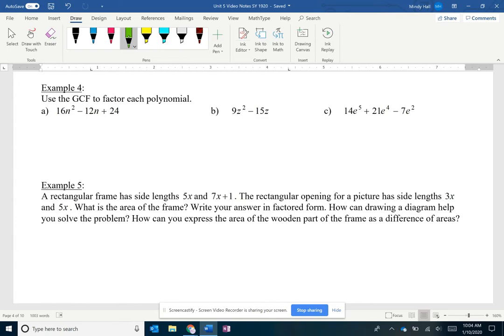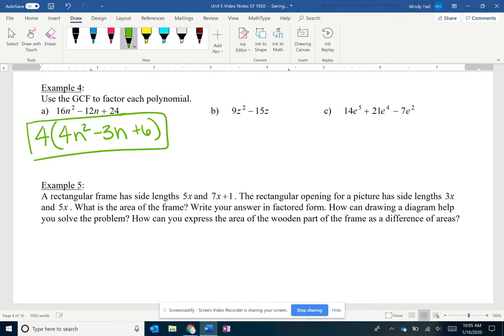So it looks like our greatest common factor is going to be 4. We can't take out a variable because we don't have one with 24. So then we are just dividing. 16 divided by 4 is 4, n squared. And then negative 12 divided by 4 would be negative 3n. And 24 divided by 4 would give us positive 6.